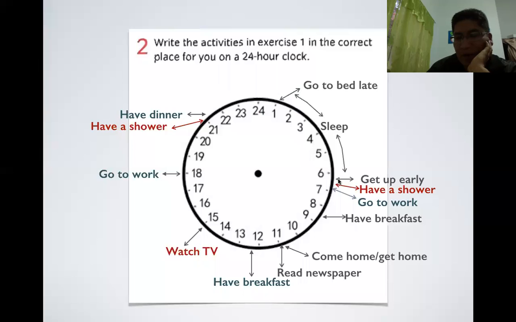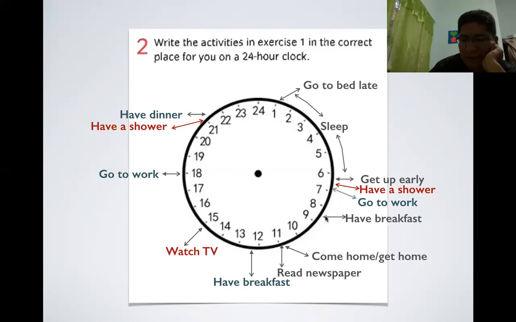And at 6:15, I get up. So that means I get up early. And at 6:30, I have a shower. And at 6:45, I go to work.